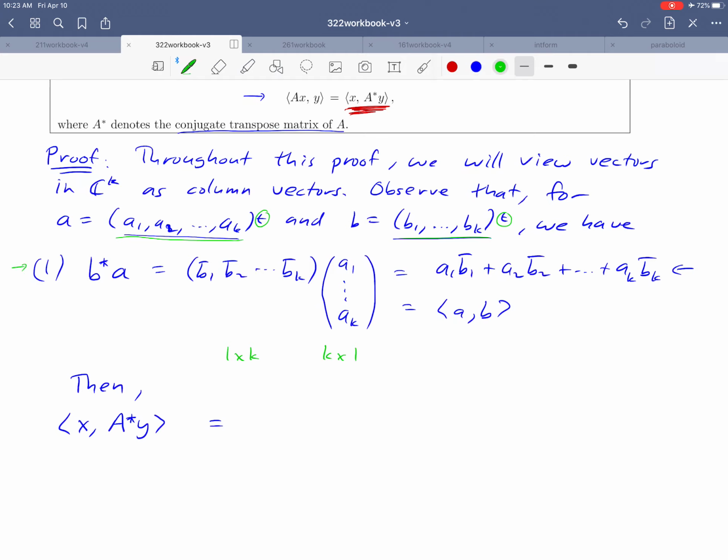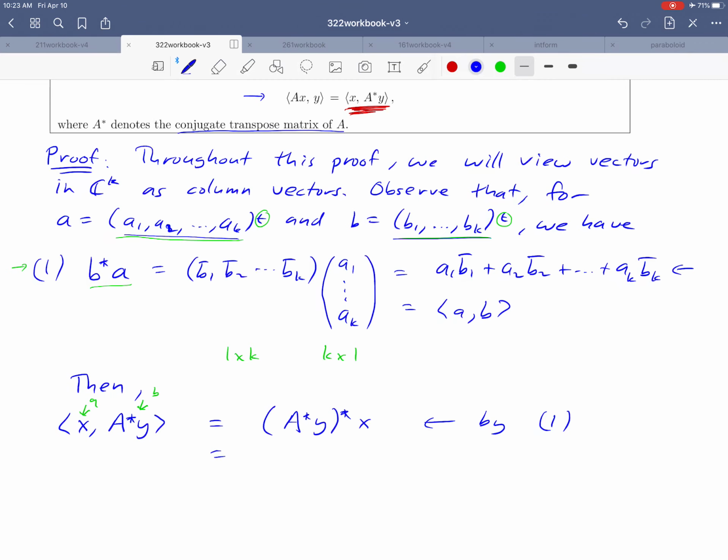We can rewrite that inner product, if we think of the x as our a and the A star y as our b, formula 1 allows us to rewrite that as b star a. If we do that, here's the b star, and we're going to multiply that by a. This came from formula 1 above.